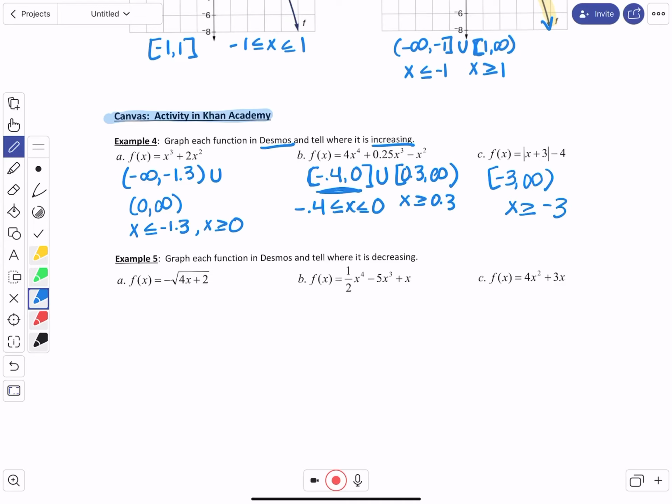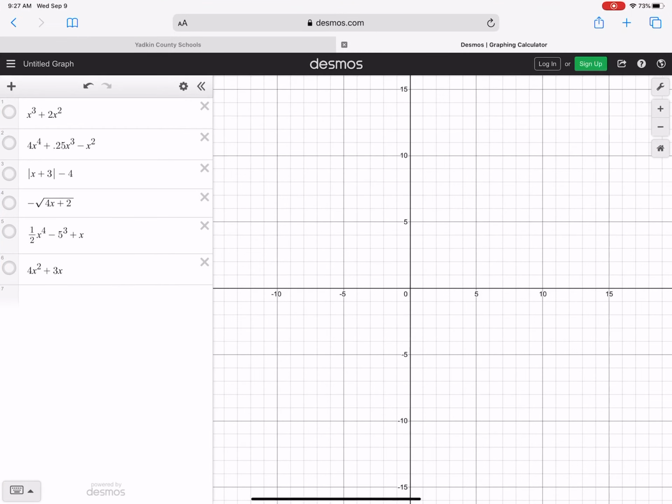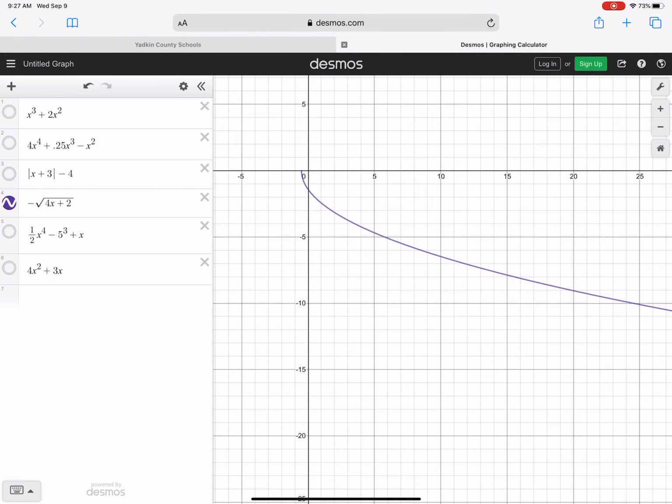Okay, so in example 5, we're switching, we want to know where our graph is decreasing. So now we're looking at where it's decreasing. On this one, the whole thing is decreasing. So it starts at negative 0.5, and it goes to positive infinity because the x values are going to the right forever.